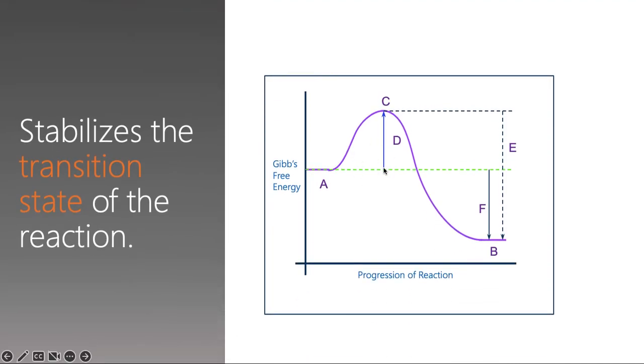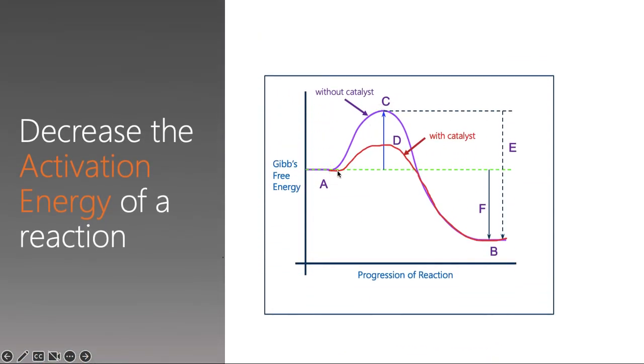It can stabilize the transition state. It takes a little bit of time for the molecules of the reactants to reach that transition state. If the energy of activation is lower, and the catalyst can actually stabilize those bonds as they're breaking and the new bonds as they're forming, then I don't need to spend that much energy to reach that transition state and to proceed to products.